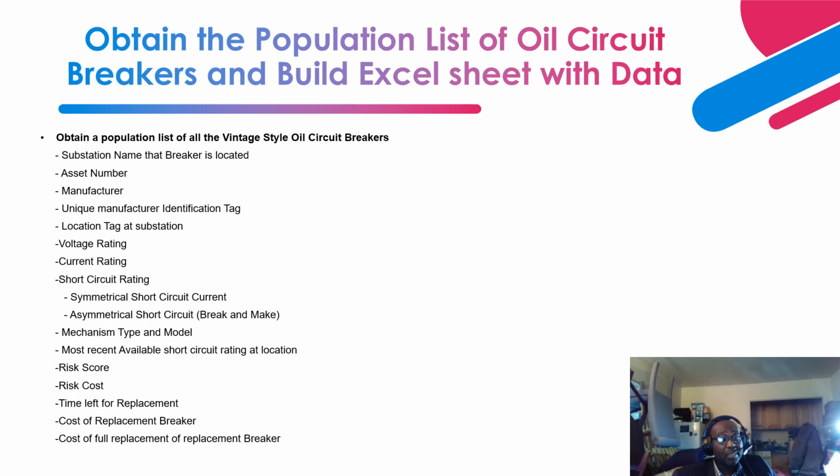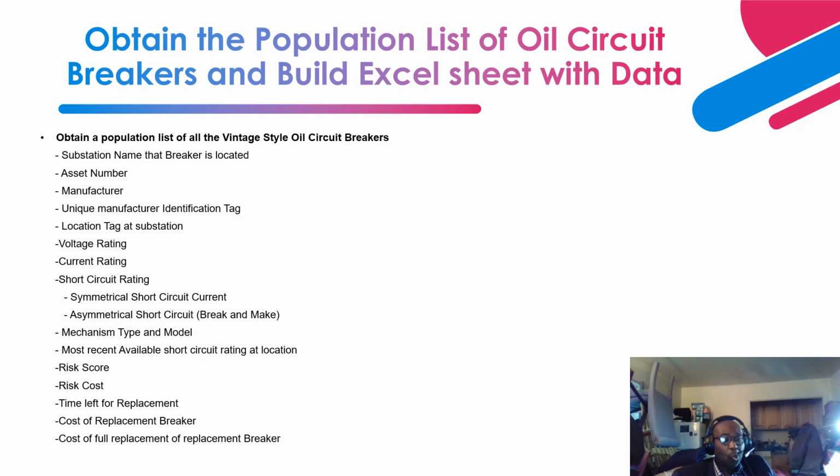Or let's say there's a planned addition of transmission network. That itself will change the available short circuit rating. So you need to account for it and capture that as part of your replacement, because definitely you want to replace it with the right circuit breaker that has the right short circuit rating.